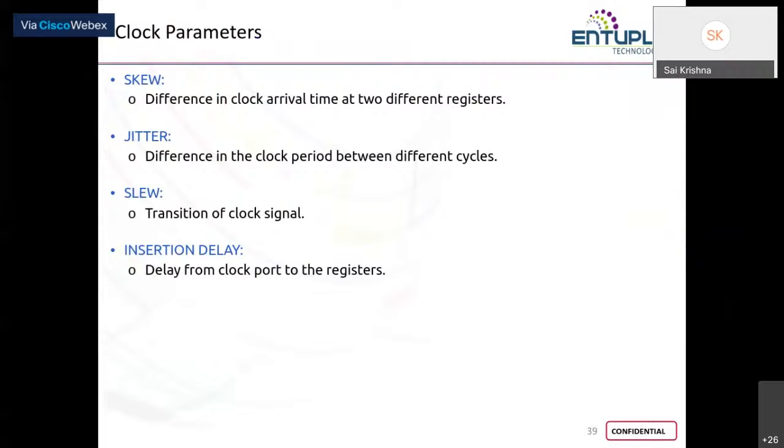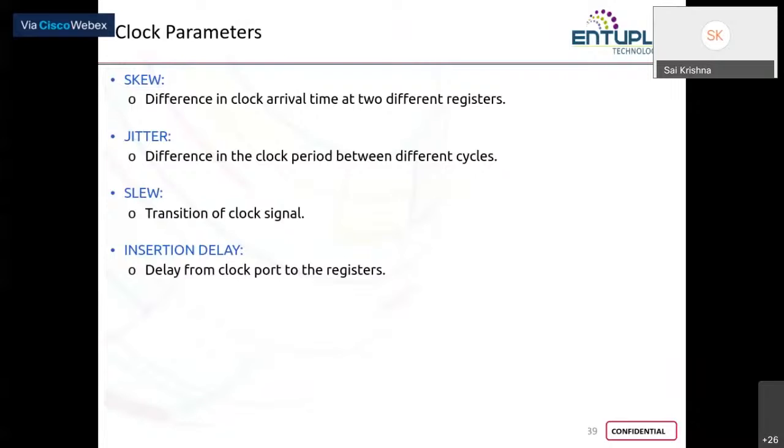This clock tree specification contains the information of your clock tree, how it is to be built. That means what are the clock inverters, including the driving strengths. What are the clock inverters or clock buffers that you have to use?